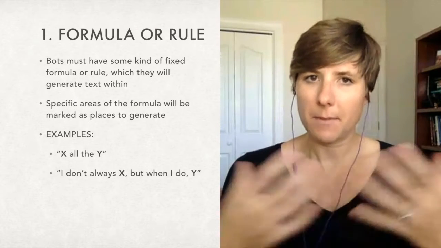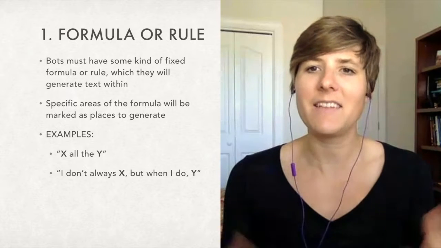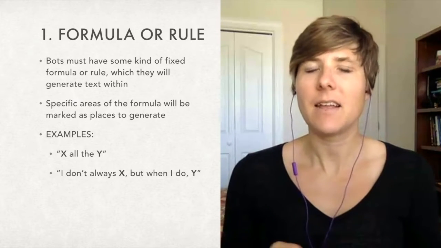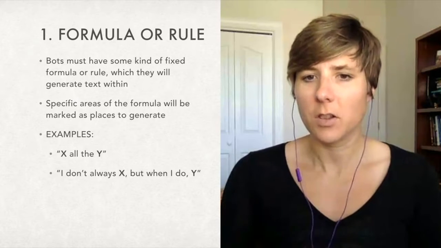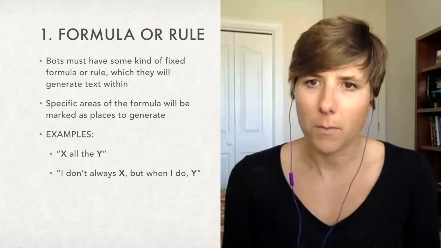So this is the memosphere, and you don't have to make a meme bot, but because memes always follow some kind of formula, it can be a slightly easier space to look at for imagining what it means to generate within a formula.